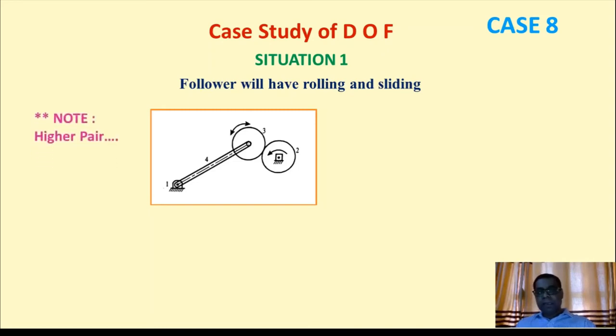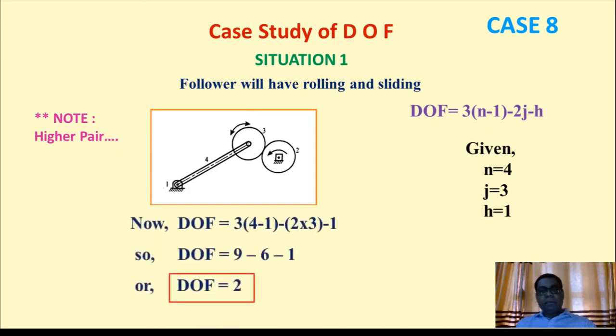So basically there is higher pair, you can see a curved surface is in contact with a curved surface, and there is a point contact obviously. So degree of freedom according to Grubler's criteria, we are getting lower pair equal to 3, higher pair equal to 1, where number of links are 4. So by calculating all this, we are getting degree of freedom equal to 2.